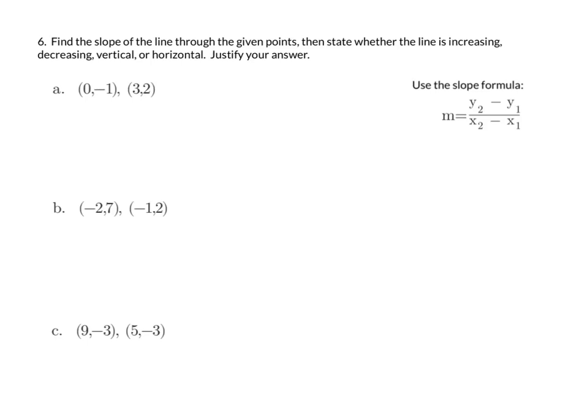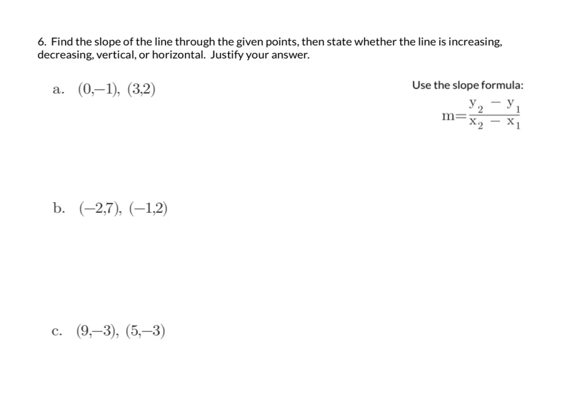All right, problem 6, we want to calculate the slope and then state whether the line is increasing, decreasing, vertical, or horizontal. So remember that we have to use our slope formula. Our slope formula is m equals y2 minus y1 over x2 minus x1.